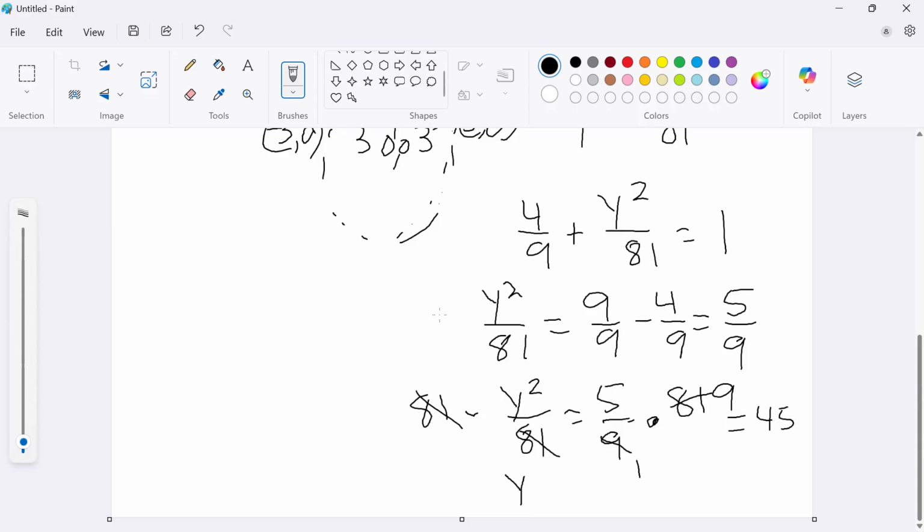And y, I just take the square root of both sides, is the square root of 45, and 45 is 9 times 5. The square root of 9 is 3, so 3 square root of 5.